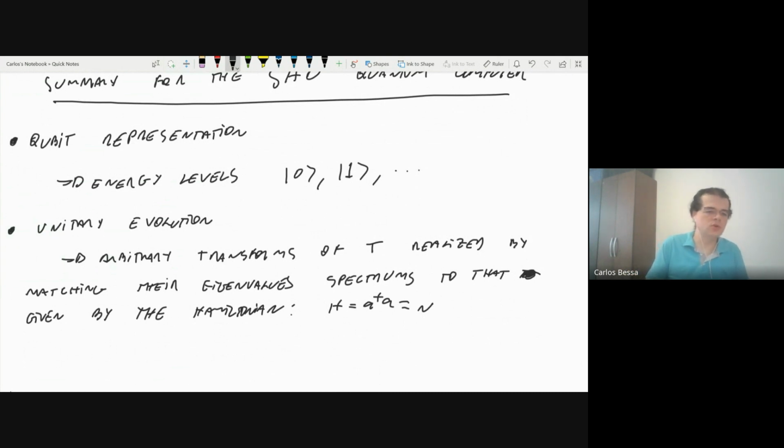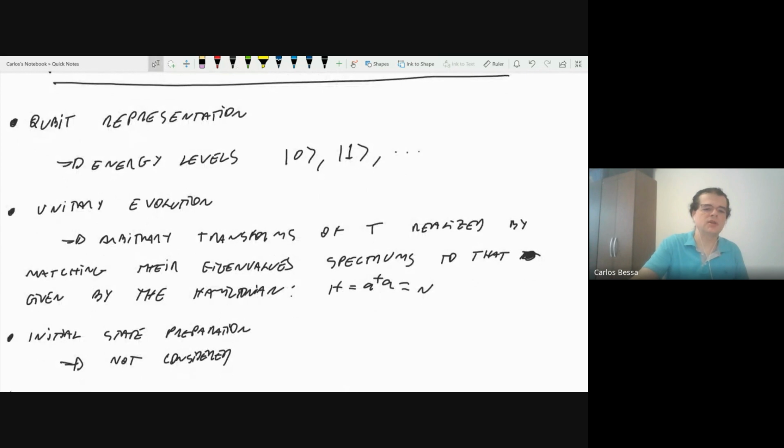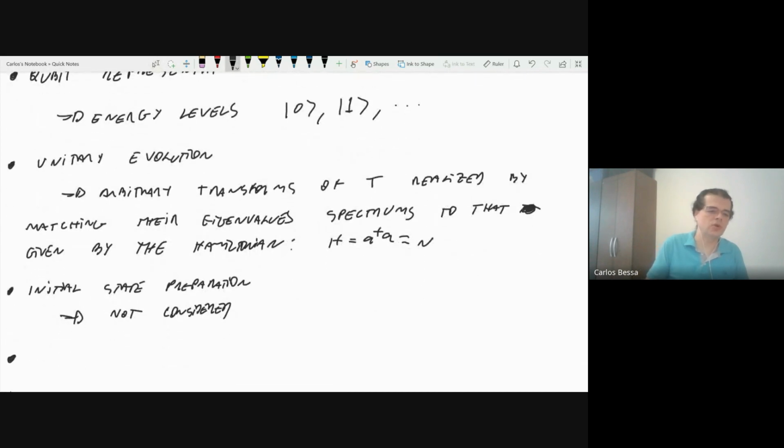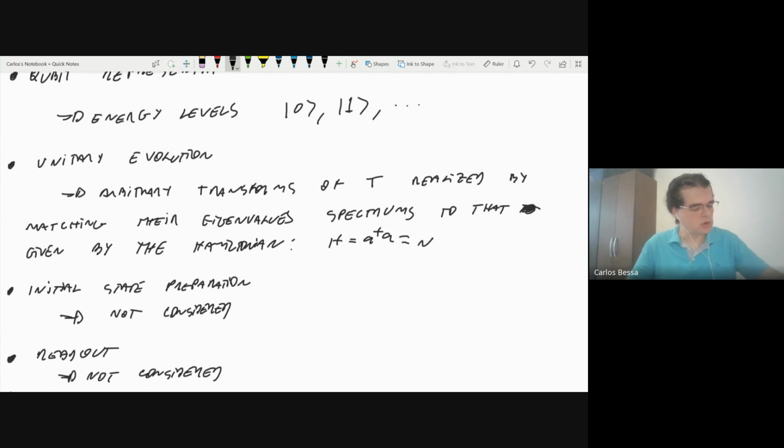So this is the summary. We didn't give any initial state preparation. It's not discussed in the book, not considered. And the readout, like the output, is not considered as well, because this is just a theoretical model.